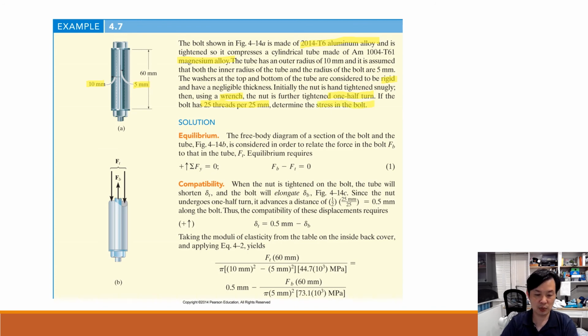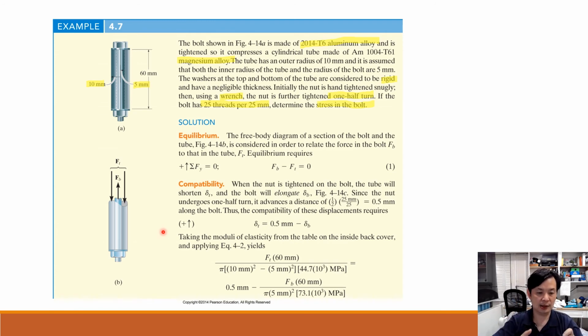Once we know all the requirements in this problem, we can derive a free body diagram for this case. Notice that in this case, there's no external force on this system. Only the internal compression and tension exist in the tube and in the bolt respectively.